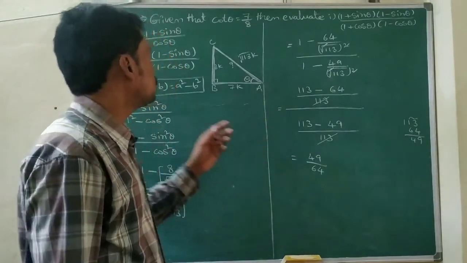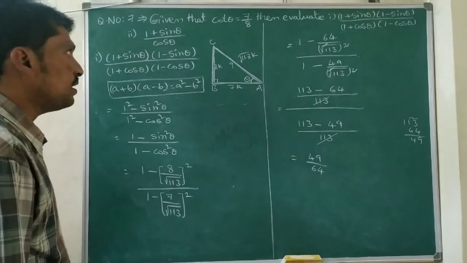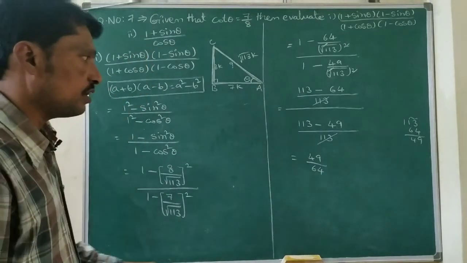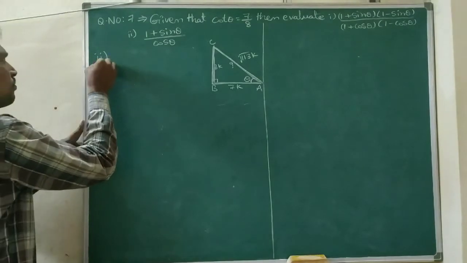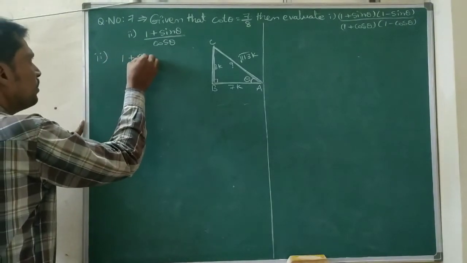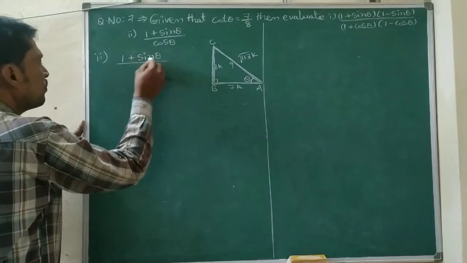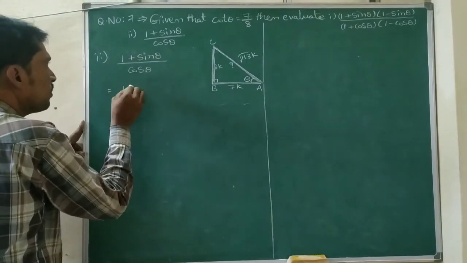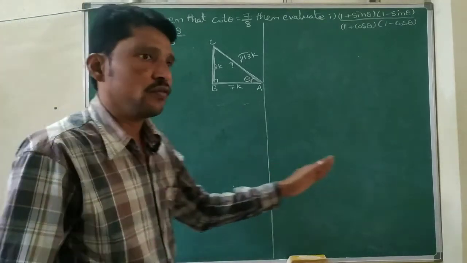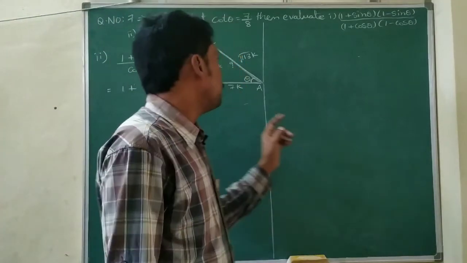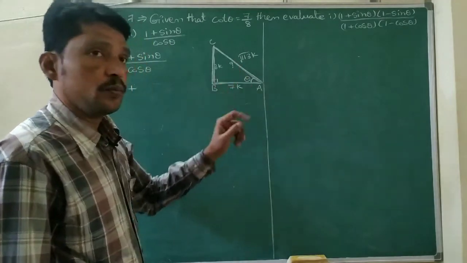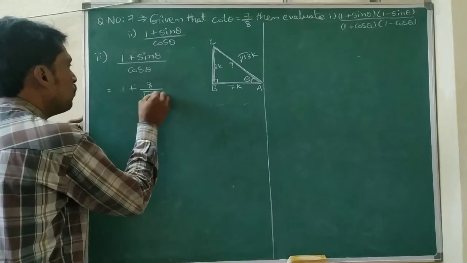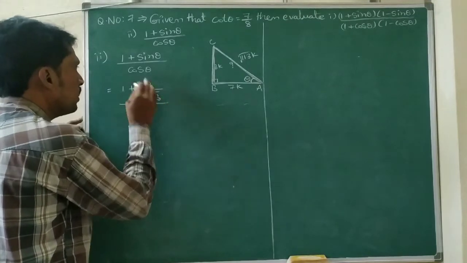In this only, next question: it is (1 plus sin theta) by cos theta, it is given. Second one also we can find out. 1 plus sin theta by cos theta. Sin theta value now we got it here, 8 by hypotenuse under root 113. So 1 plus 8 by under root 113, whole by cos theta.